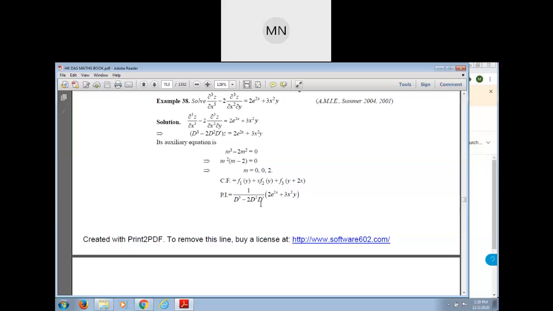The second part is of the form x power m, y power m, because you have to separate both of them. There is no formula for that type of function. Formulas are given for the exponential function, trigonometric function and so on. So we have to separate both functions.